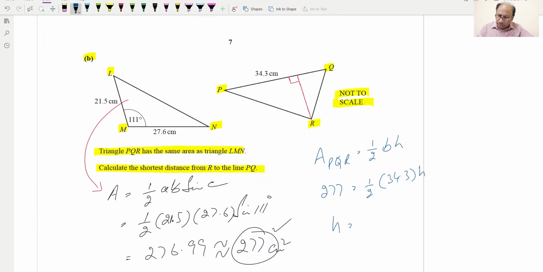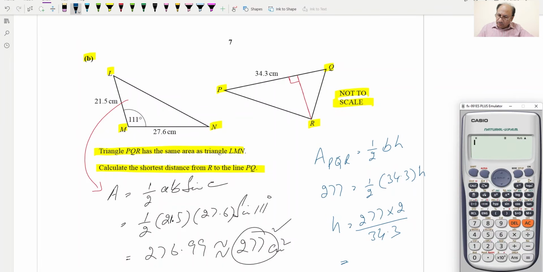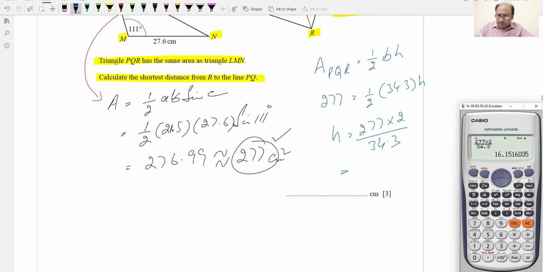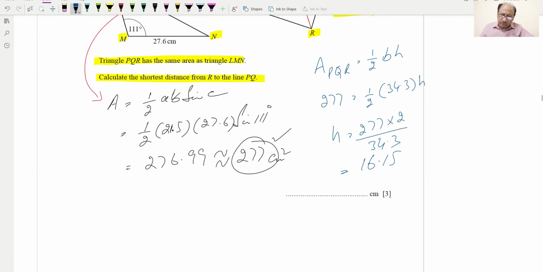Now height will be equal to 277 into 2 divided by 34.3, which is equal to 16.15. This is the correct answer which we want to find, centimeters.